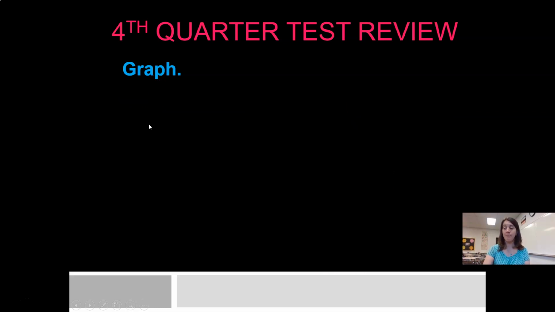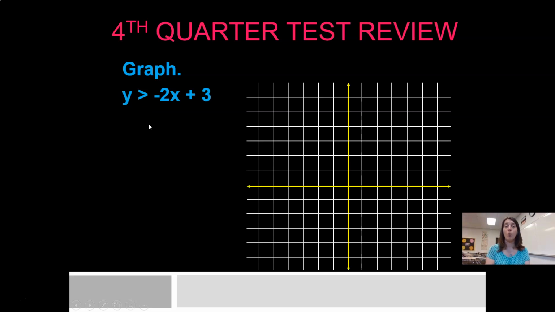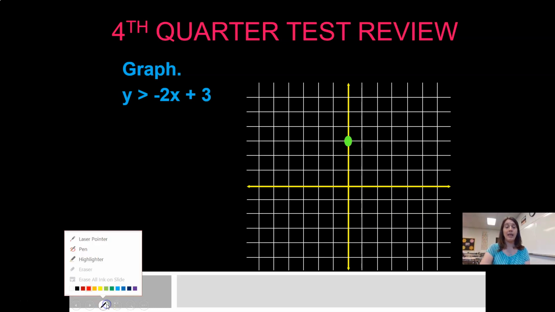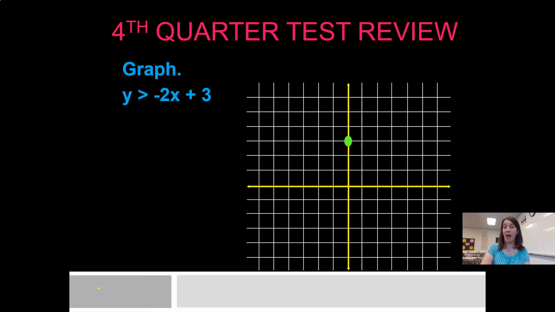Our last problem for today, number 23. Our inequality is y is greater than -2x plus 3. Again, the y is by itself, so I'm ready to graph. The first piece we're graphing is the y-intercept, and that's the plus 3 at the end, so I went up 3 spaces on my y-axis. Now, this time the slope is not a fraction, so let's make it a fraction.